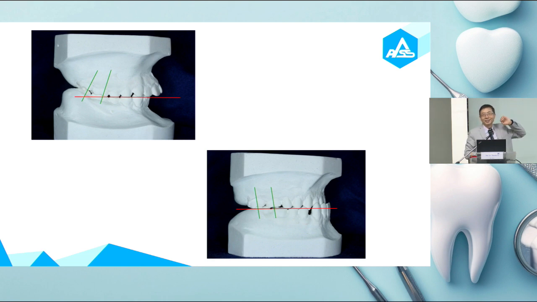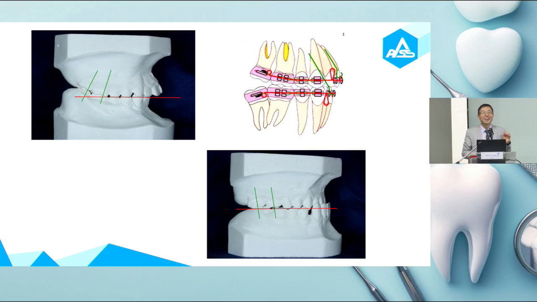what do you think? I think it's more like anchorage preparation by the Tweed technique. But with the Tweed technique, you need to use J-hook headgear to push the upper molar back, right? But actually, for those cases I mentioned in the last slide, a lot of patients' molars tipped back naturally.